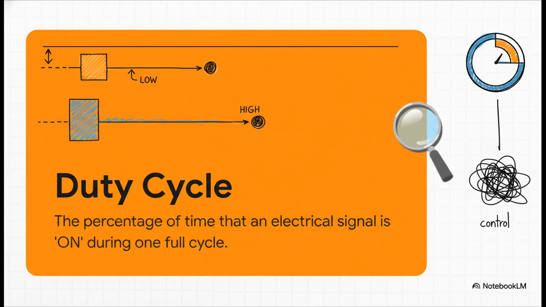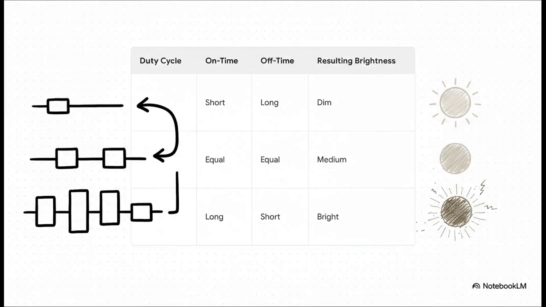A high duty cycle means it's mostly on. It's the one number that lets us control the whole show. And check out this table. It lays out the relationship perfectly. You can see how the duty cycle percentage directly changes how bright that LED appears. 10%, super short on time, so it's dim. 90%, it's on almost the entire time, so it's super bright.